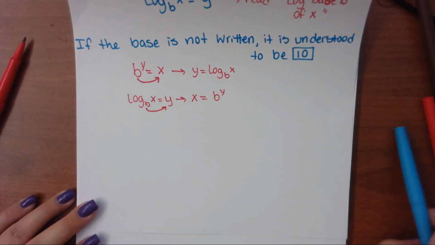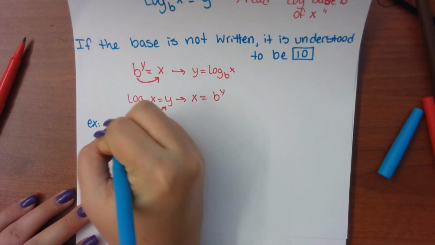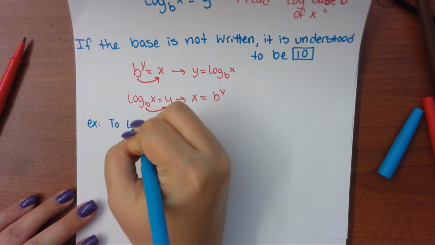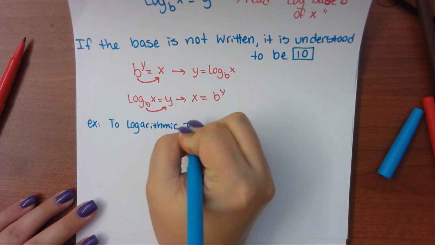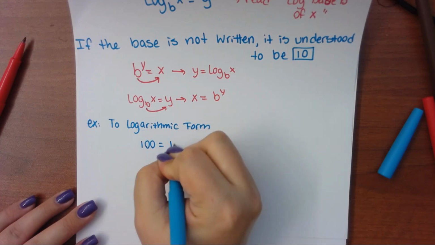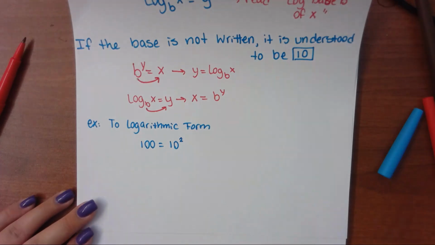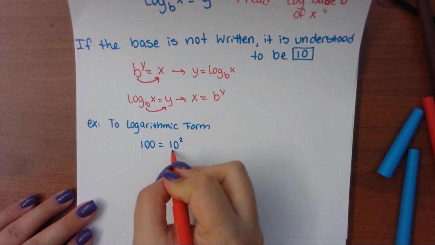So for example, let's go to logarithmic form. Let's say I have 100 is equal to 10 to the second power. And we just want to write it in logarithmic form. I don't want to do anything else. So I'm going to take the base that's over here, wherever the exponent is, and I'm going to make it the base over here.